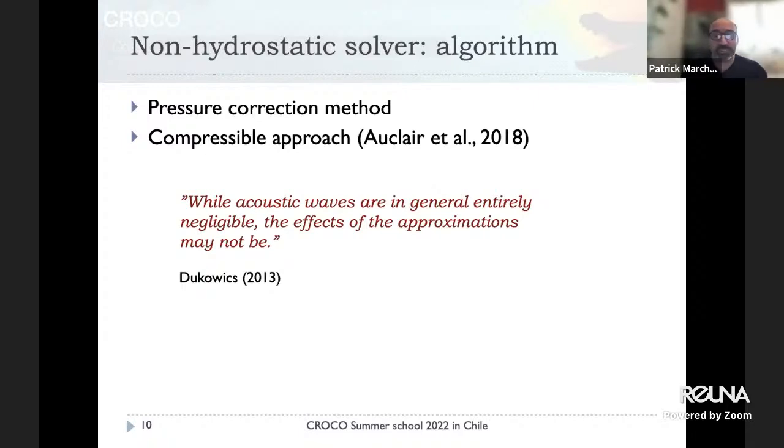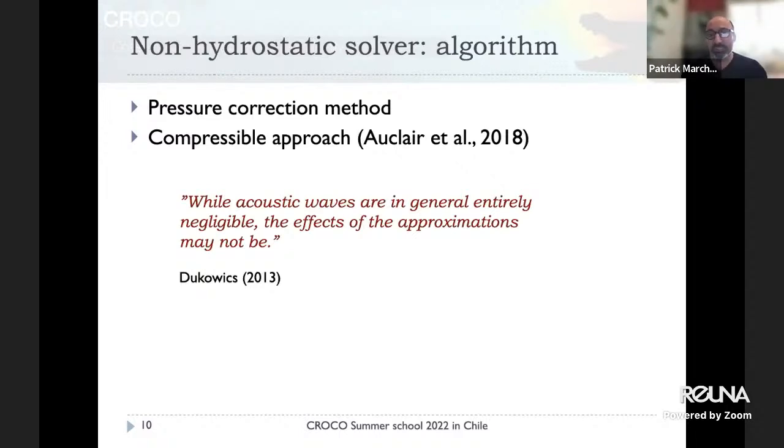As Dukowicz said, these acoustic waves are in general negligible, but the effects of the approximations in the equations may not be. He was thinking of acoustic radiative waves that could be important for the physical solution, but maybe not.